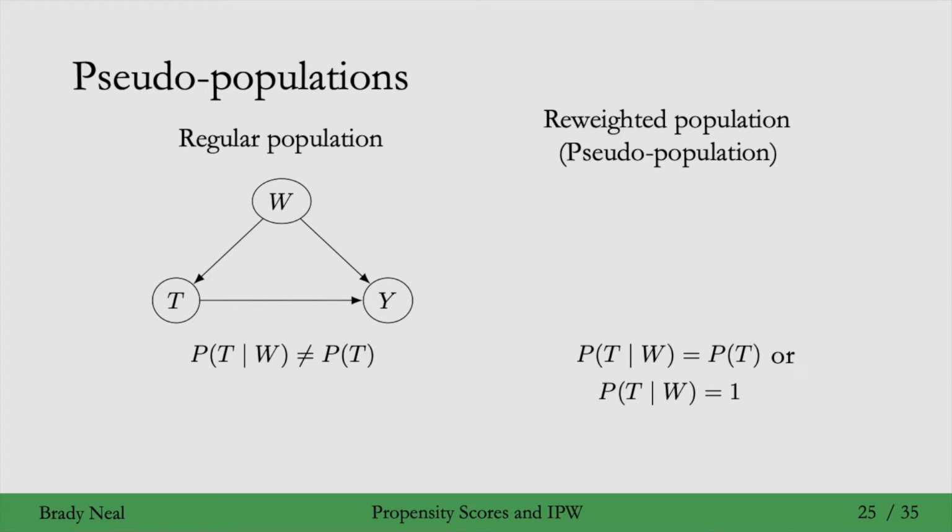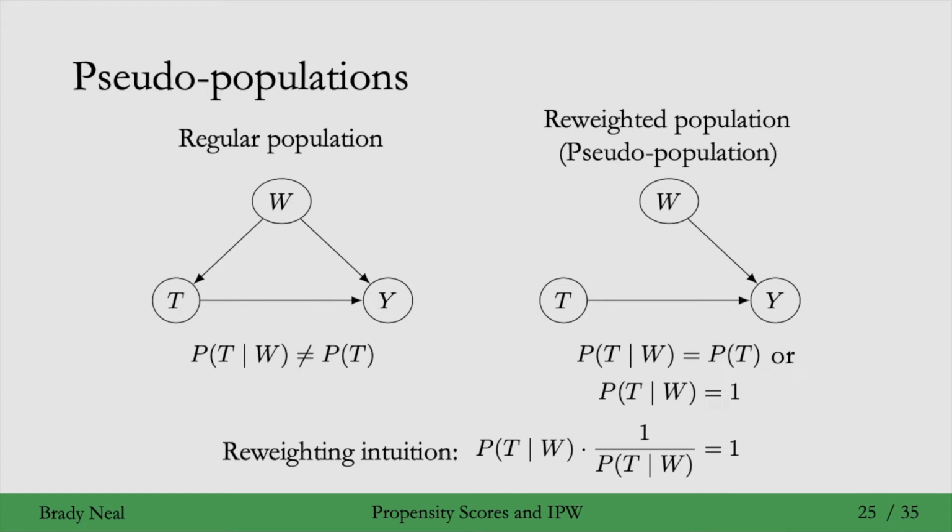Then in this pseudo population, really the graph looks like this, right? So T no longer depends on W. And we can get to this pseudo population via reweighting. More specifically, we reweight by the reciprocal of the propensity score, by the inverse probability of treatment. And the intuition for this reweighting is that we take this conditional distribution, P of T given W, and we just reweight it.